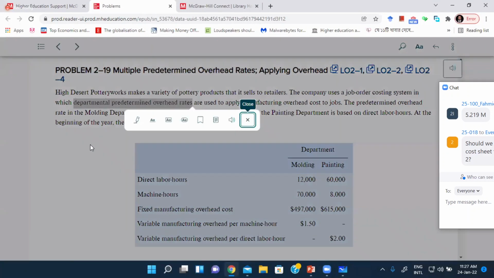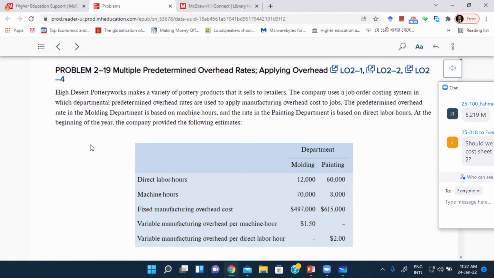So for each department, you have to determine the overhead rate separately and apply it separately. The predetermined overhead rate in the molding department is based on machine hours, and the rate in the painting department is based on direct labor hours.